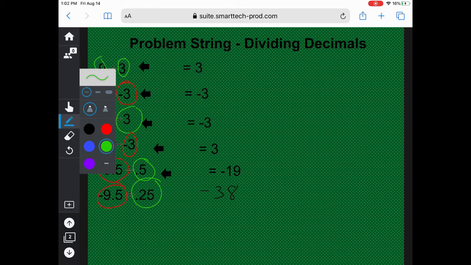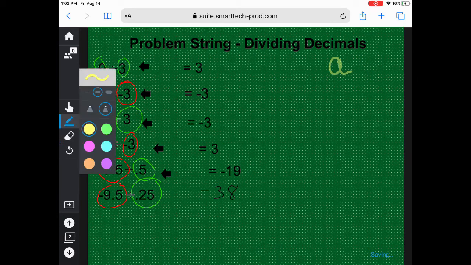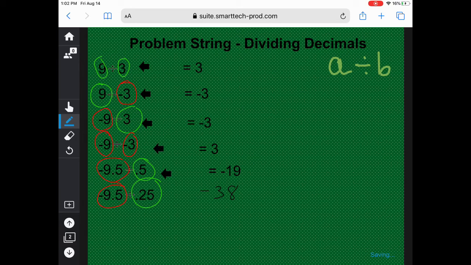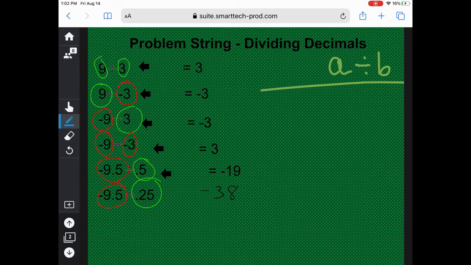So let's look at some patterns here. Last Friday we talked about variables. Again, variables are A and B. We're doing division, so A divided by B. Hold on, let me change to black. Okay, so in example 1, we have positive A divided by positive B, and we got a positive quotient.